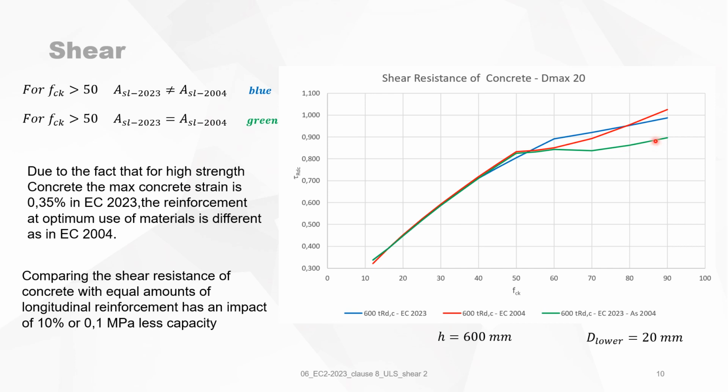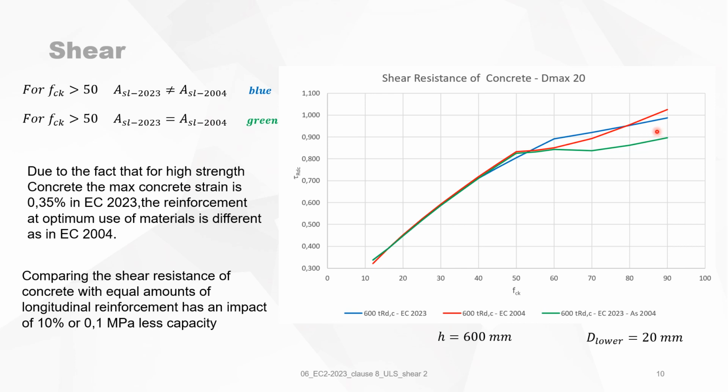The green line is now the one where we put for high strength concrete the same longitudinal reinforcement. It is the reinforcement as prescribed in the present version of the Eurocode.